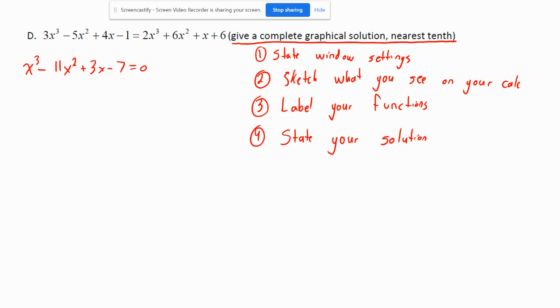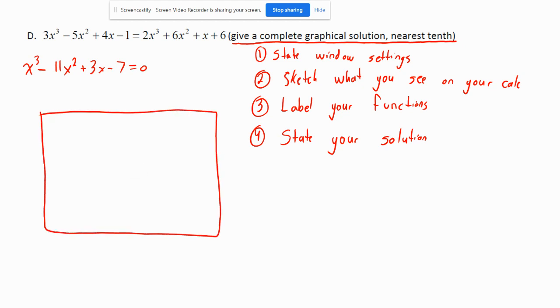Okay. Sorry, guys. My other graphing program is not really working great on my calculator emulator. So I'm just going to do this on my calculator, which you can't see right now. So we're going to go y equals x cubed minus 11x squared plus 3x minus 7. I'm going to press graph.